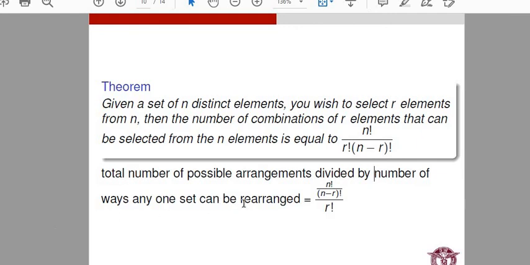So the total number of possible arrangements divided by the number of ways any one set can be rearranged, that is n factorial divided by n minus r factorial, divided by r factorial. That is the same thing.